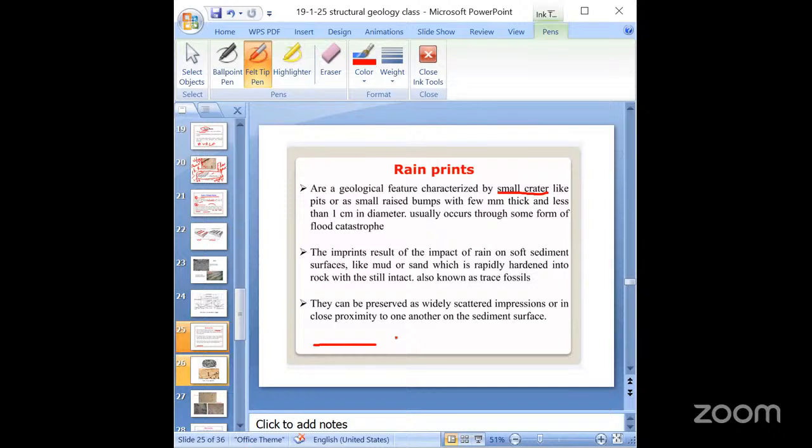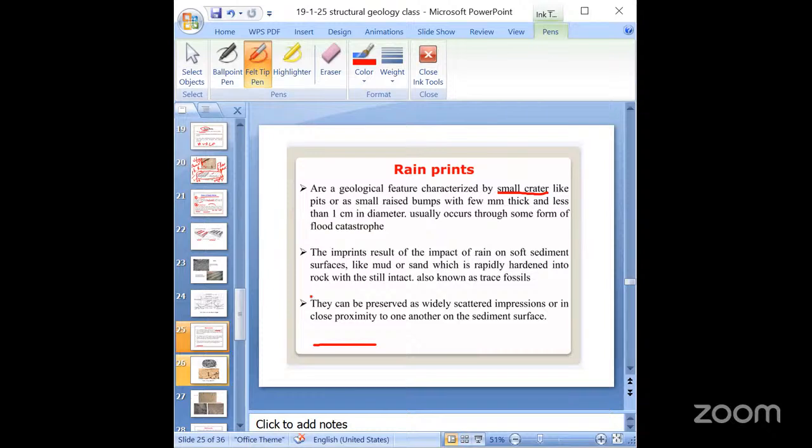They are formed by the impact of hailstones, etc. These may get dried up and subsequently be preserved under another layer of mud above them. These raindrop imprints cause very minor disturbance to the bed surface, but leave a very distinctive pattern.